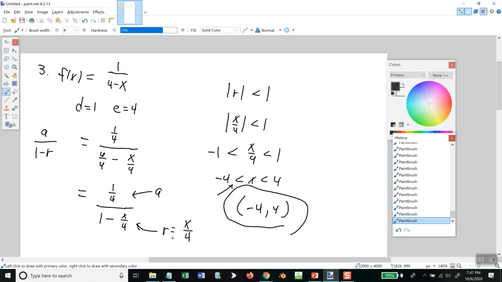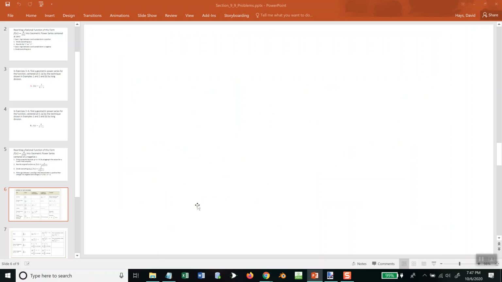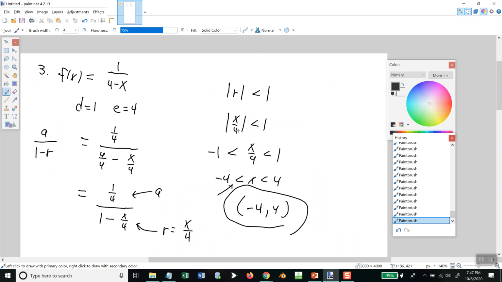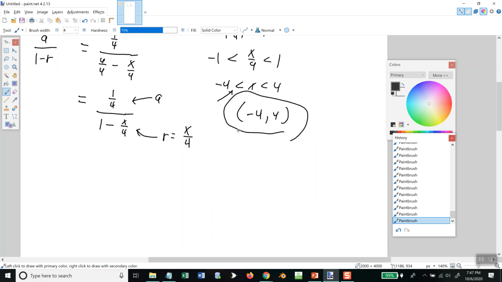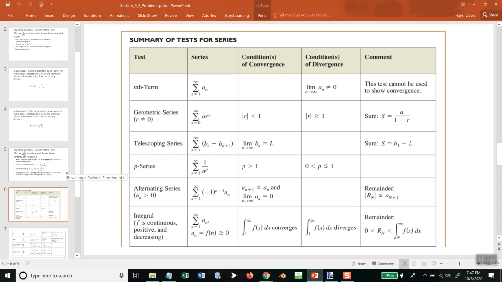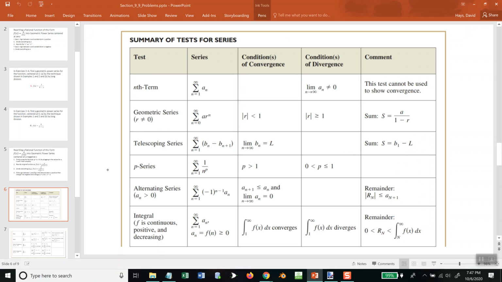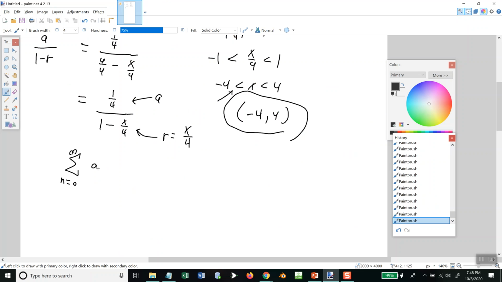Now, here's our geometric series. If you have it in this form, then you can rewrite it in this form: the sum from n equals 0 to infinity of a r to the n.